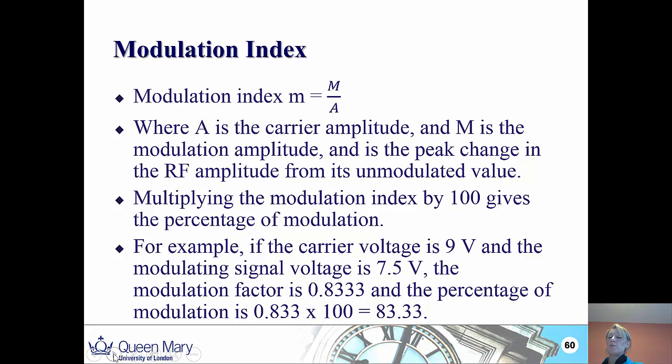So if we have a carrier voltage of 9 volts and the modulating signal voltage is 7.5 volts, then we have a modulation factor of 0.83 and the percentage of this modulation, so the modulation depth, is 83.3%. There are some further examples at the end of this series of slides.